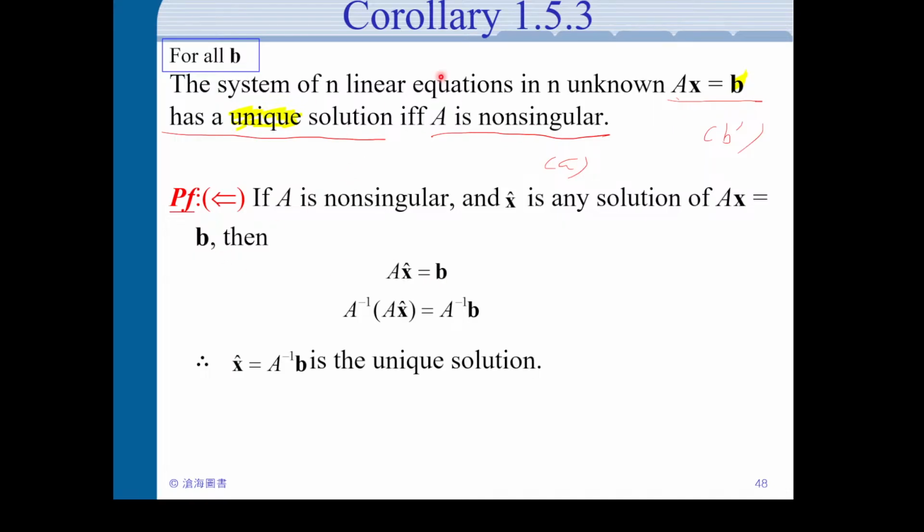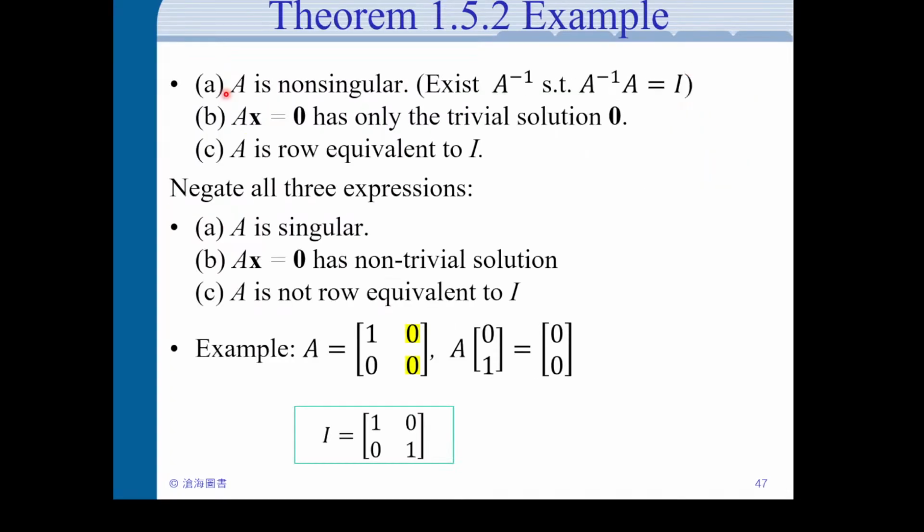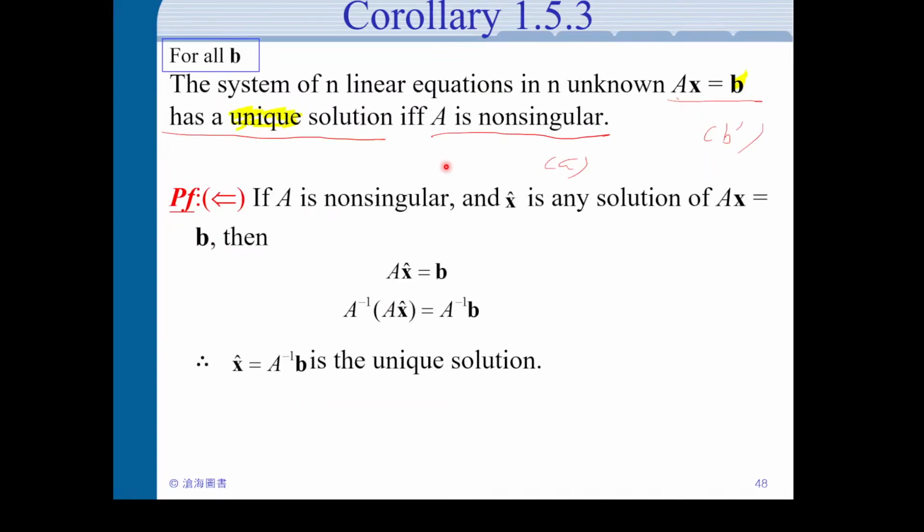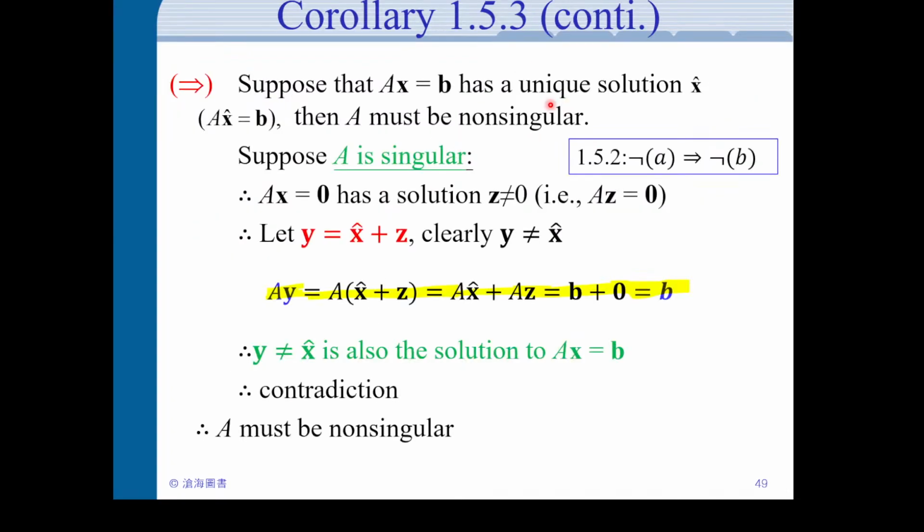So the reverse direction is just like how we prove A to B in 1.5.2. We multiply A inverse on both sides, then we get x equal to A inverse b, and it has a unique solution. And then for the other way, we use 1.5.2 a little bit. Actually, the negation of 1.5.2, not A implies not B, and we give a proof by contradiction. If A is singular, then Ax equal to 0 has a non-trivial solution z.